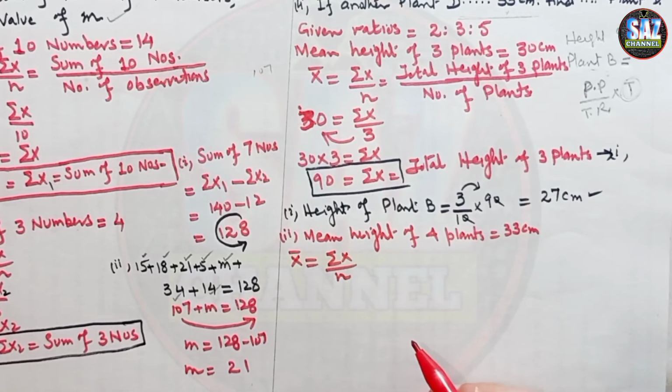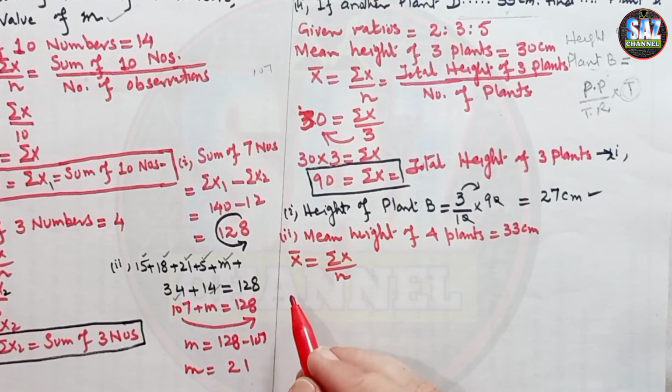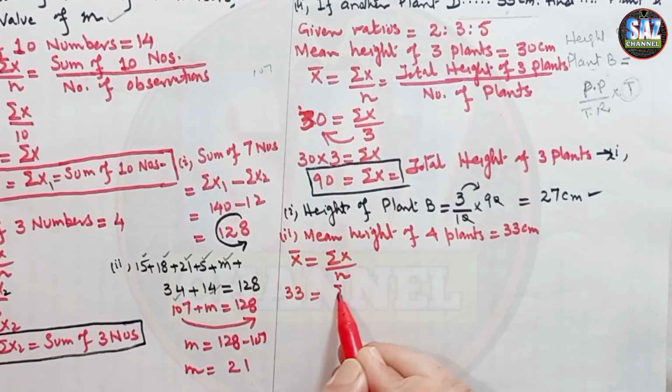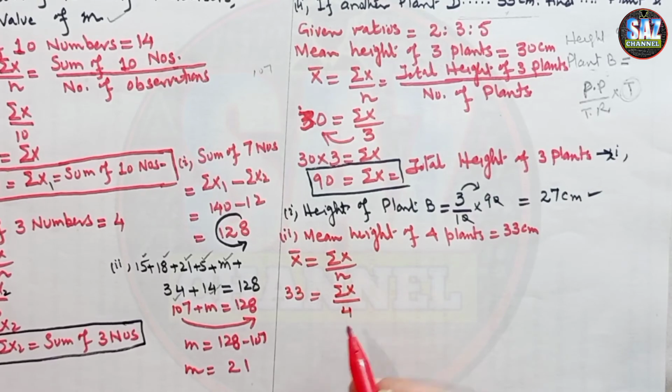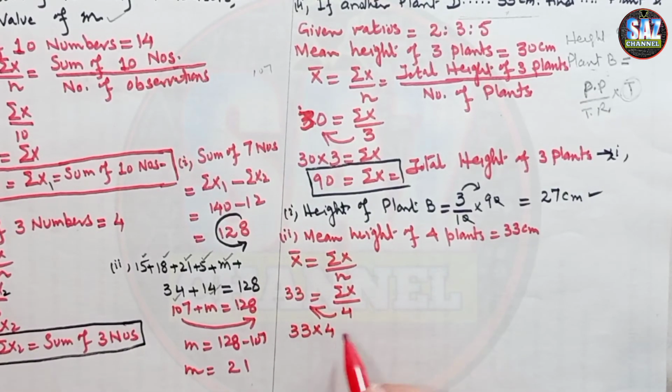You can see, students, that in every question and in every part I'm supporting my working with the formula so that the examiner can understand my message easily. This is 33 equals summation of x upon 4. Go for cross multiplication: 33 multiplied by 4 is 132, so 132 equals summation of x.